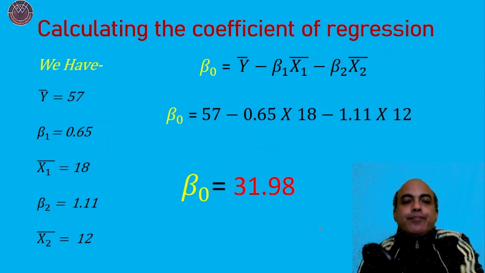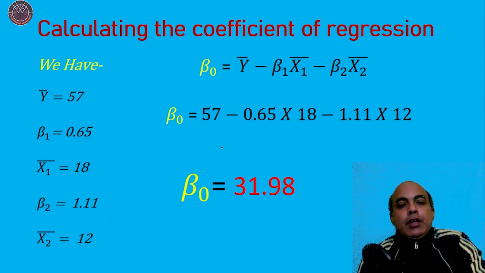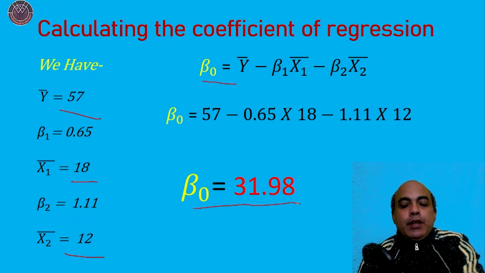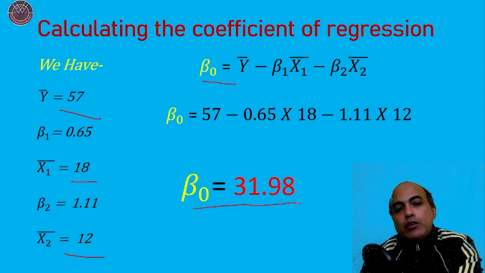And lastly, because we know the mean value of y is 57, the mean value of x1 is 18, and the mean value of x2 is 12, after obtaining beta 1 and beta 2 we can get the value of beta 0, and our beta 0 value is 31.98.